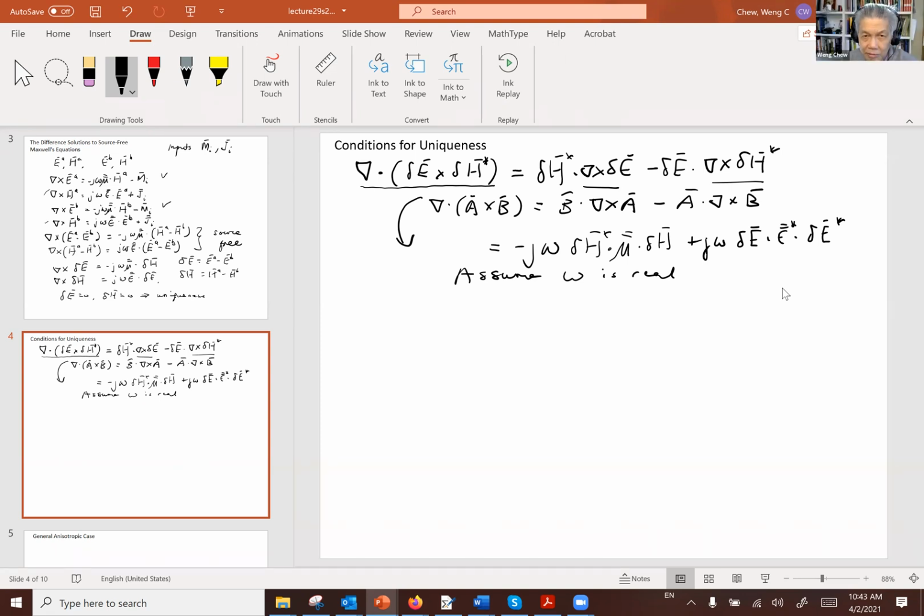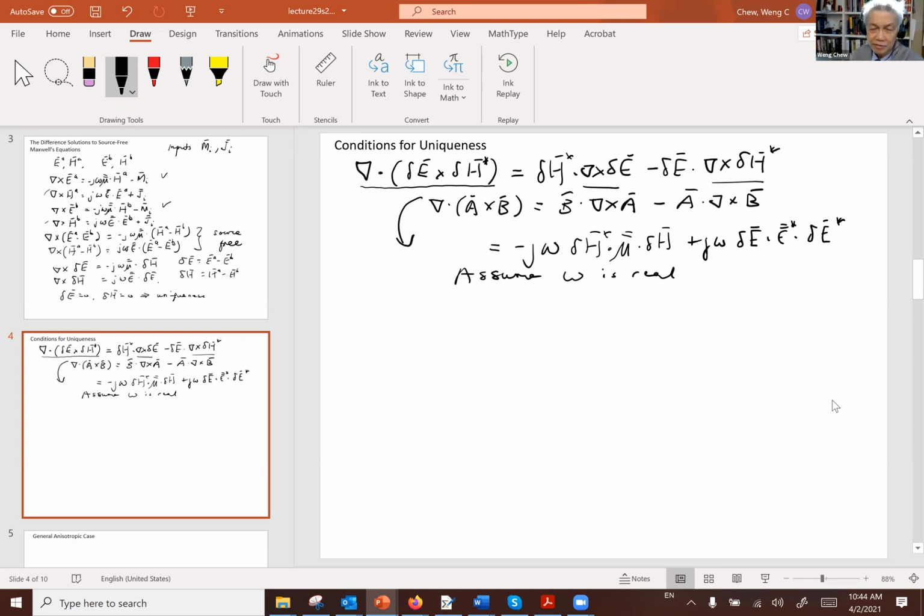What shall we do to simplify the left-hand side after we integrate the left-hand side over a volume? Can you use Gauss divergence law? Yes, Gauss divergence theorem. Very good. Who answered that, please? That was Michael. Oh, Michael. Okay, thank you, Michael.